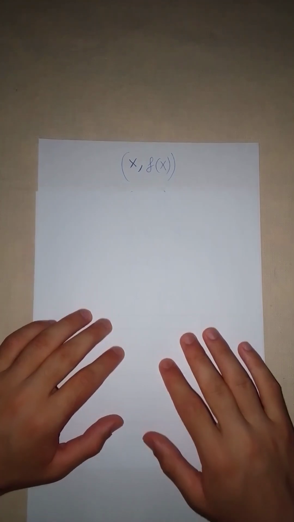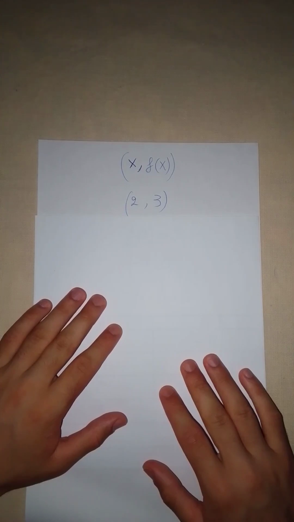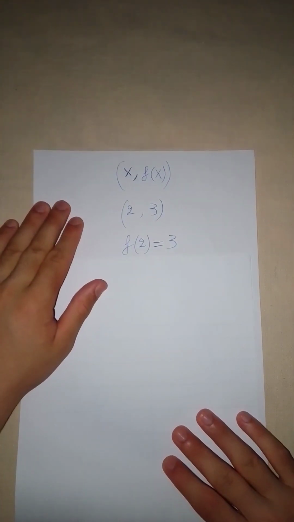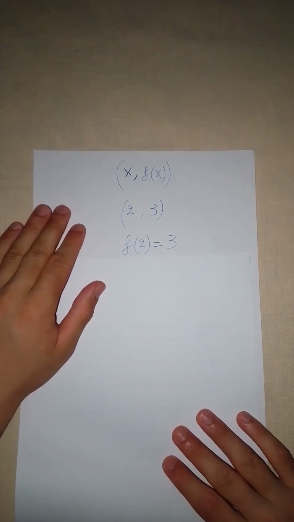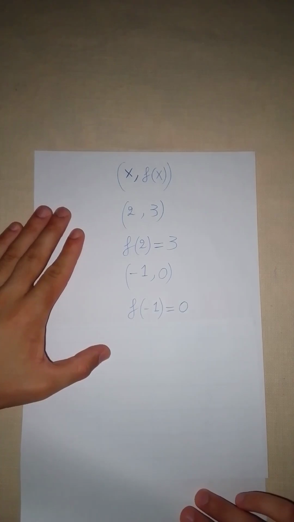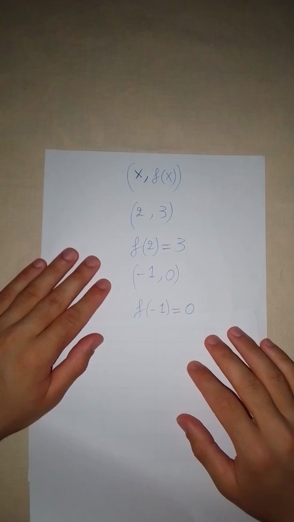For example, the point 2, 3 means f of 2 equals 3. Similarly, the point minus 1, 0 means f of minus 1 equals 0. Notice something very important. The graph is simply a picture that shows every input together with its corresponding output.